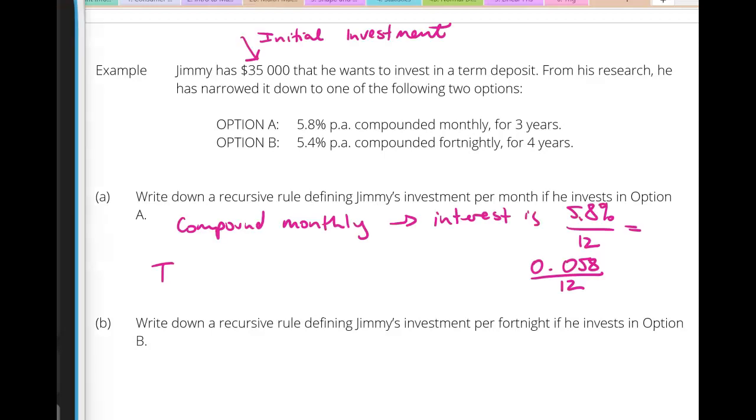So that 0.058 on 12 is the monthly rate. So what happens each month is you're going to increase. So just like the previous question where we had to do 1.06, this is the same thing, but like I said, that's not a nice number at all. So we don't want to be writing 1.0483 because then where do you stop?